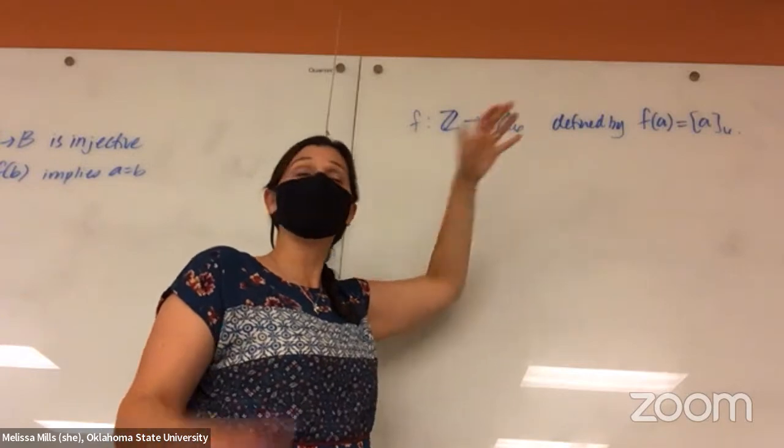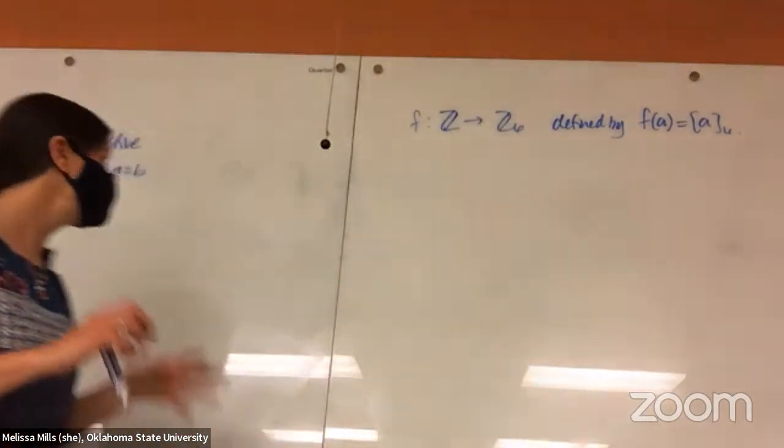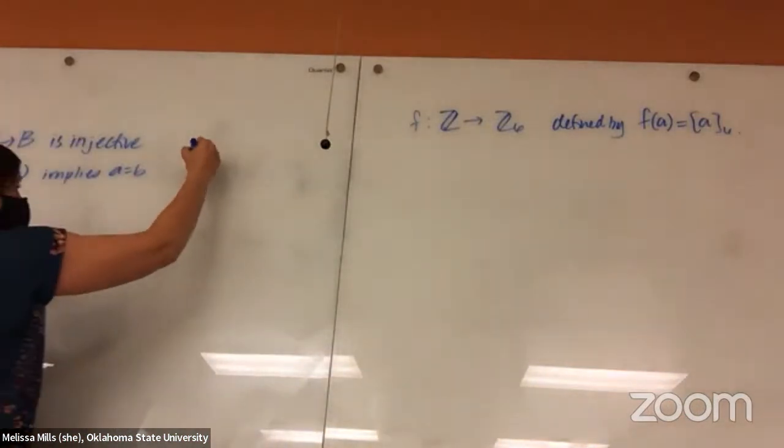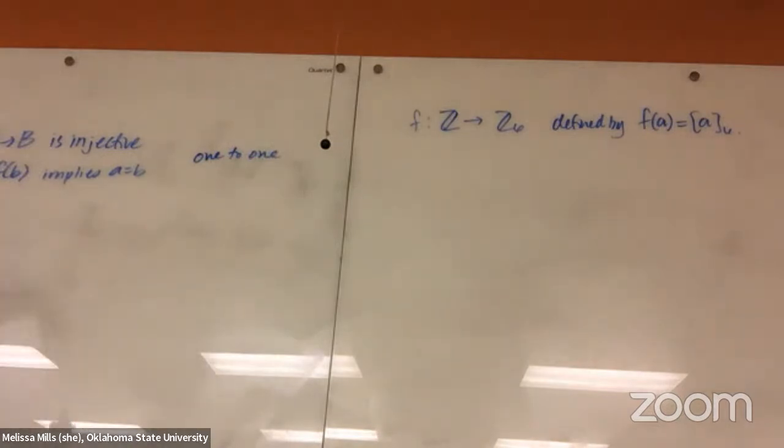Since I have all these multiple things mapping to the same element, it's not injective. Another word for injective is one-to-one. So we think about a one-to-one correspondence: everything here that's individual maps to an individual thing over there. We don't have any collapsing of things mapping to the same element.